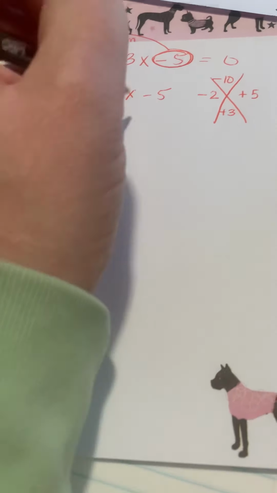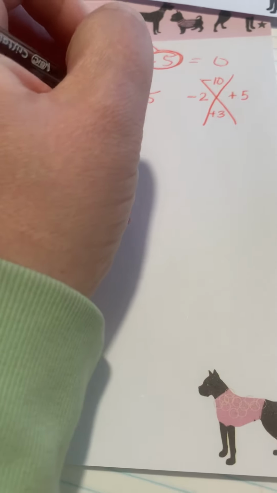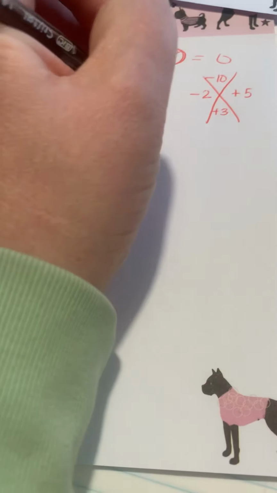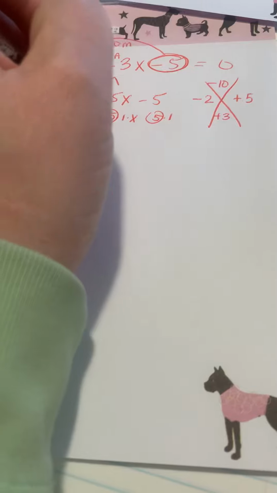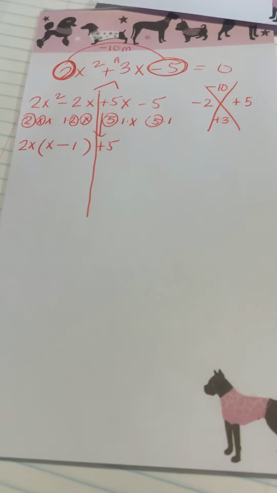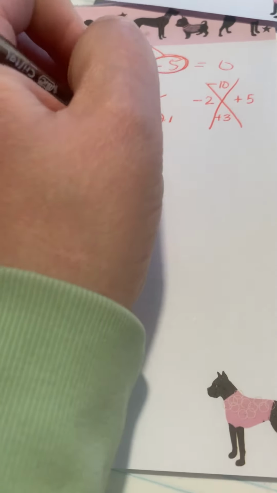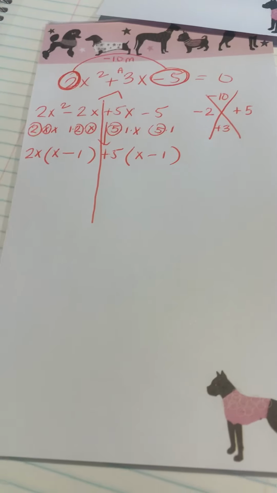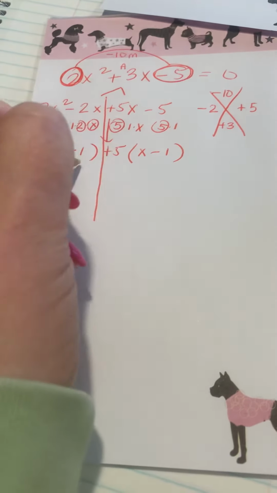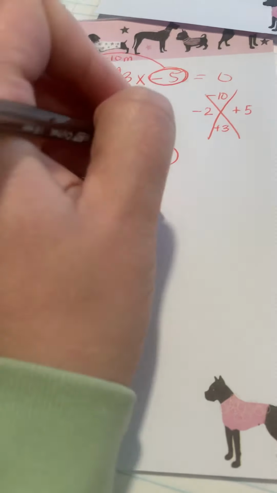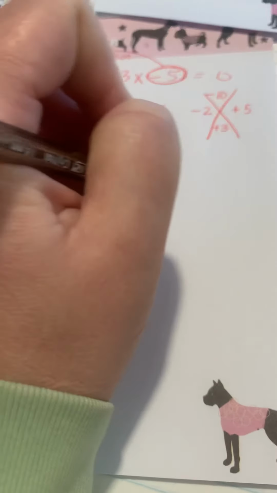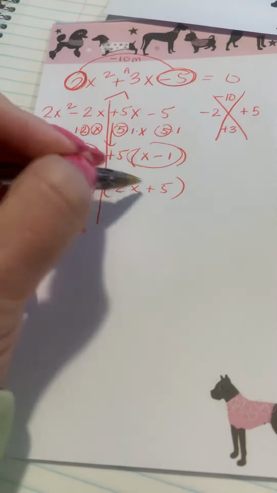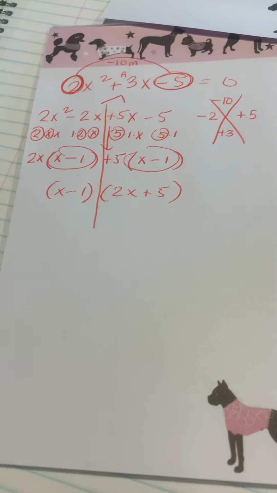My GCF for the right side would be 5, so 5 times x and then 5 times 1. They have a 5 in common. Bring down my positive sign, so +5 is my GCF. The leftovers would be x minus 1. Remember, the leftovers are supposed to match, which they do. So that would be my new GCF, and my new leftovers would be the 2x and the +5. All right, so I've factored it.